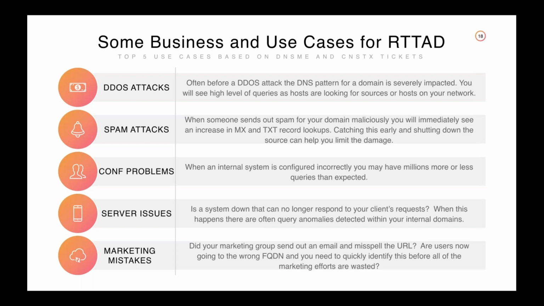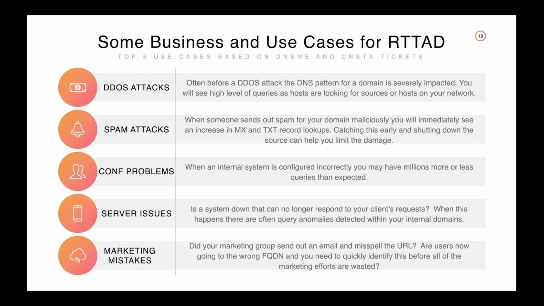So when there's a mistake in marketing and you put the wrong URL, the wrong name, or something is done incorrectly, and you spend $20, $50, $60, $100,000 of your monthly marketing budget and it's wasted, wouldn't it be nice to have a service that could identify that in advance, if it could be identified through DNS?